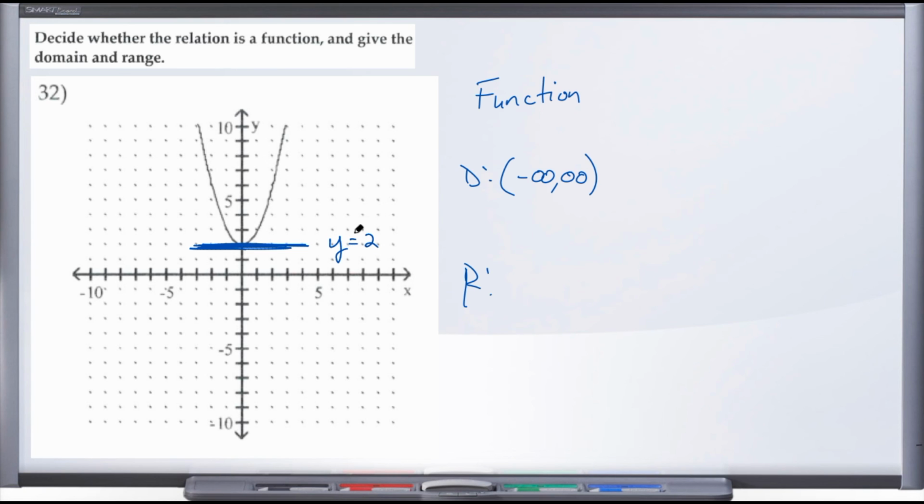So y equals 2 is the absolute smallest y value that this graph is going to have, and as the parabola extends upwards, those y values are getting larger, aren't they? Here on our parabola we're at 5, but as we go up a little farther, now we're at 10. If we went up a little further, we would be at 15. So we're from 2 to +infinity, right? Because as we go up, we're heading towards +infinity. And with -infinity and +infinity, we always use the parentheses.